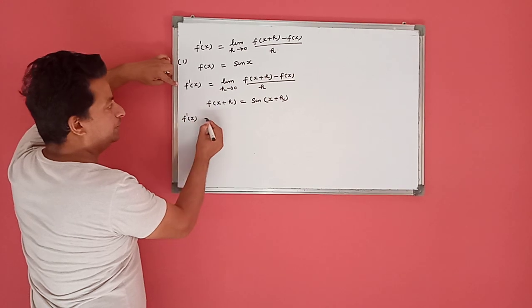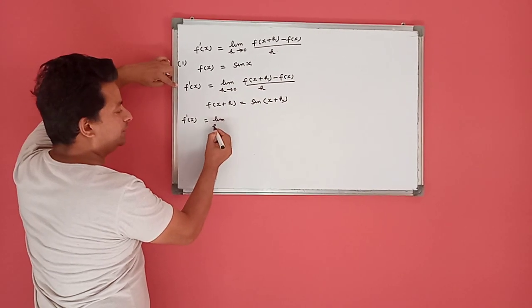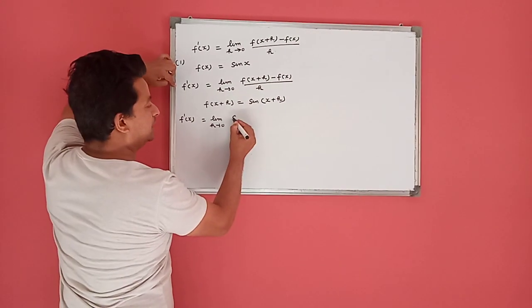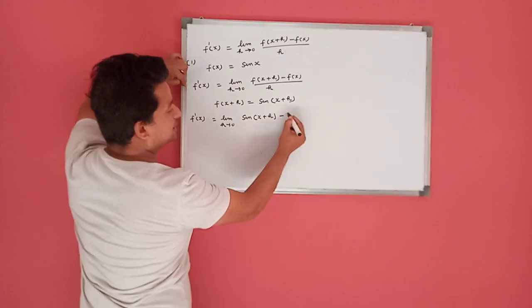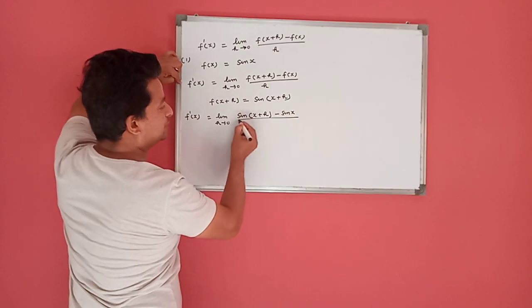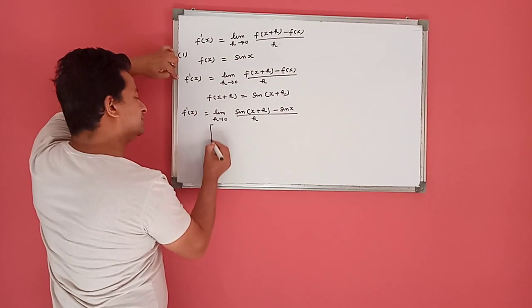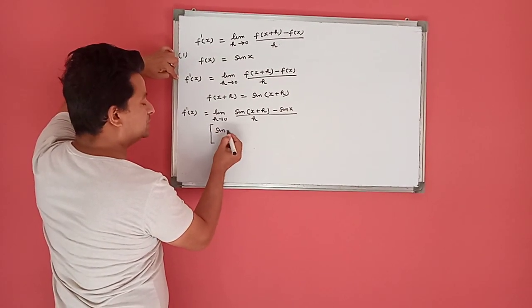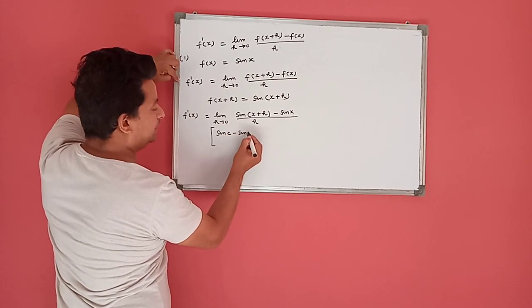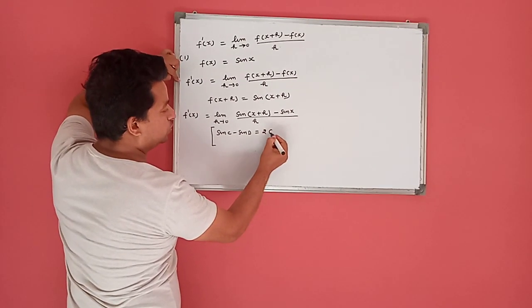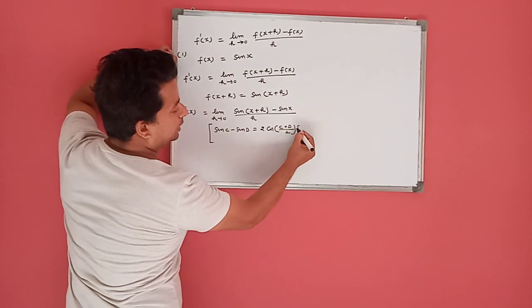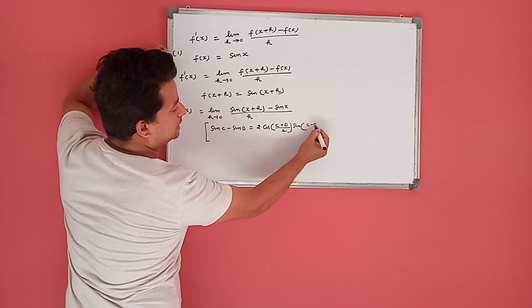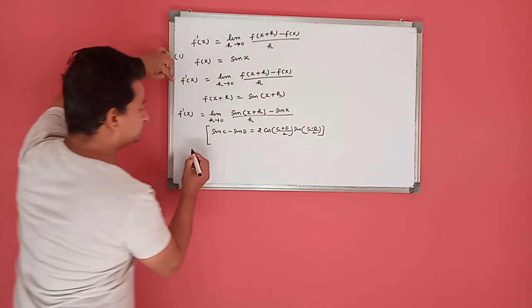When we put the values in the definition, that is (sin(x + h) - sin x)/h. As we know, sin C - sin D = 2 cos((C + D)/2) sin((C - D)/2).